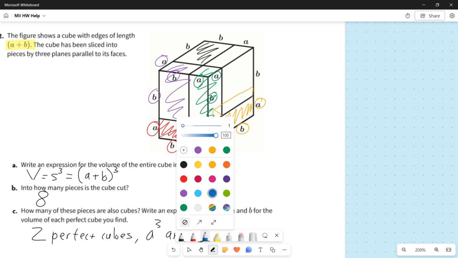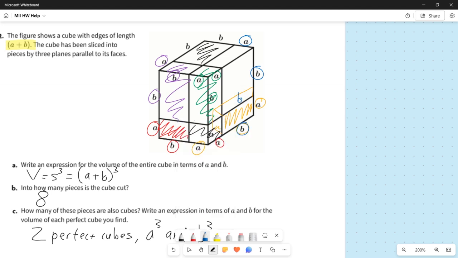Also notice that on the right, we have A by B by B, right? Because this is B right there. And so that is also A by B by B.